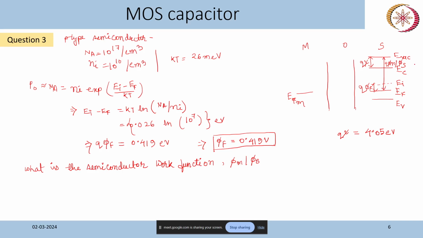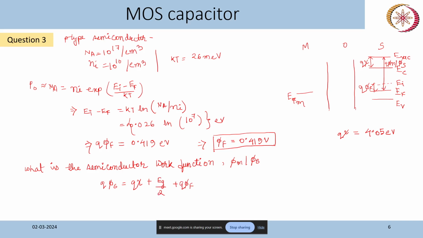So what will be the work function? How do we calculate it? q phi s is q psi plus this portion, which is half of the band gap, Eg by 2, plus q phi f.